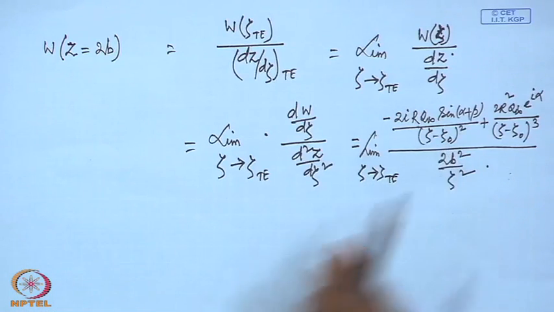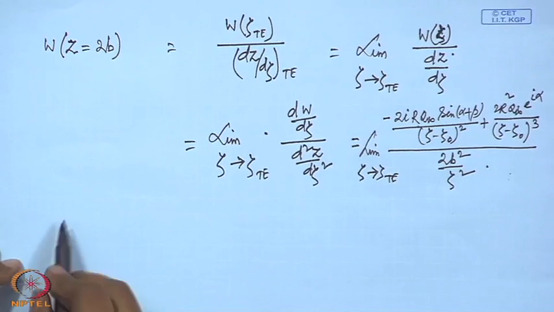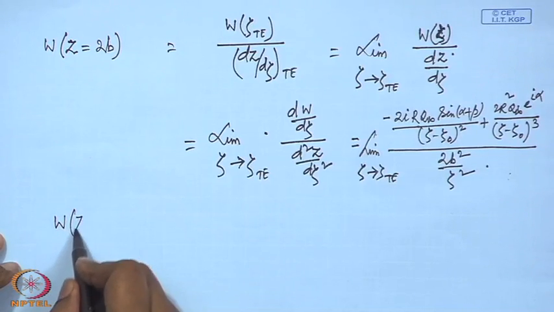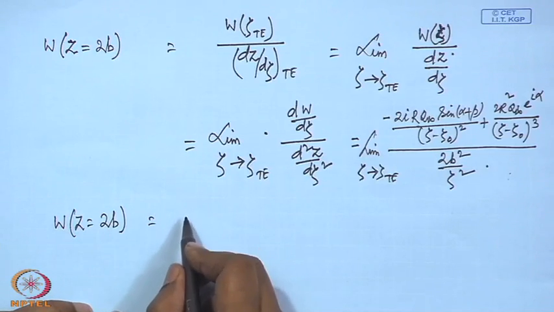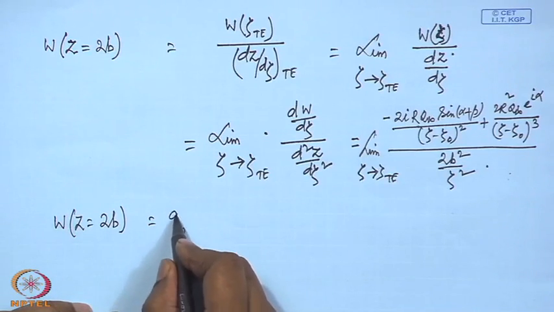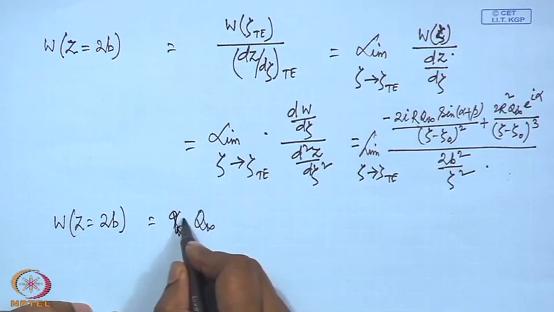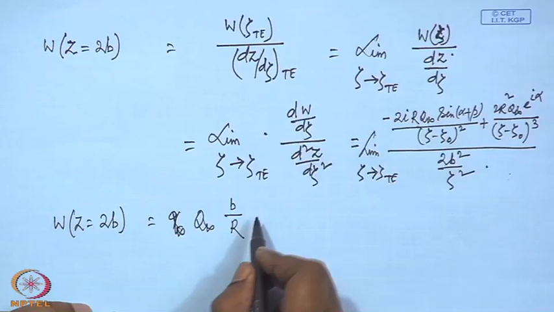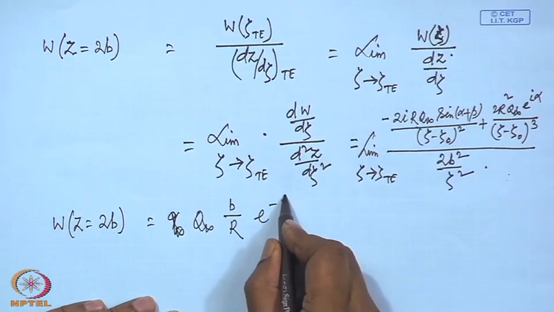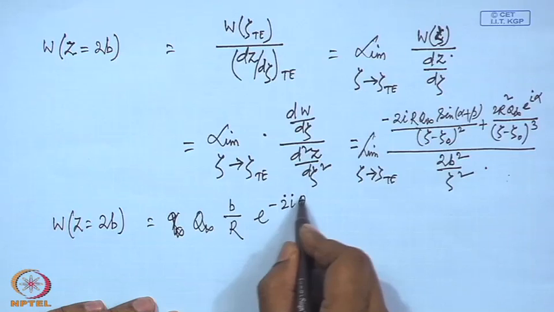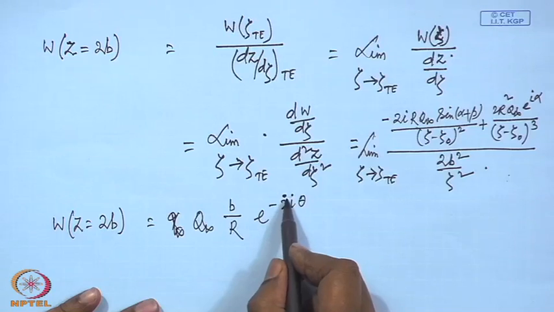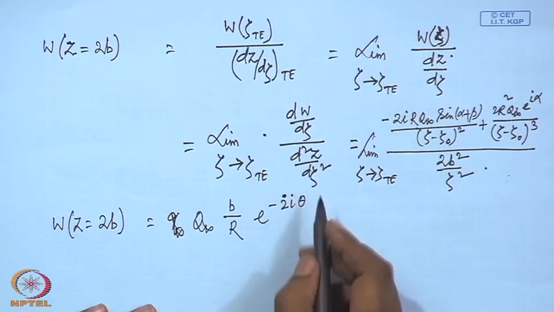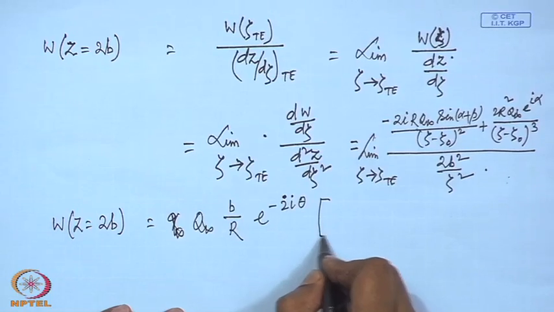Then of course, you can substitute zeta minus zeta naught as r e to the power I theta and it will come as simply, sorry, q infinity b by r e to the power minus 2 I theta.